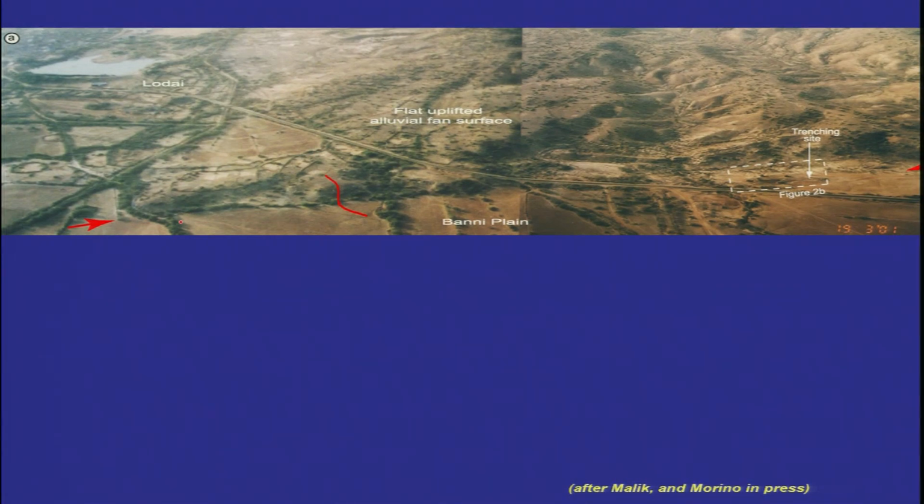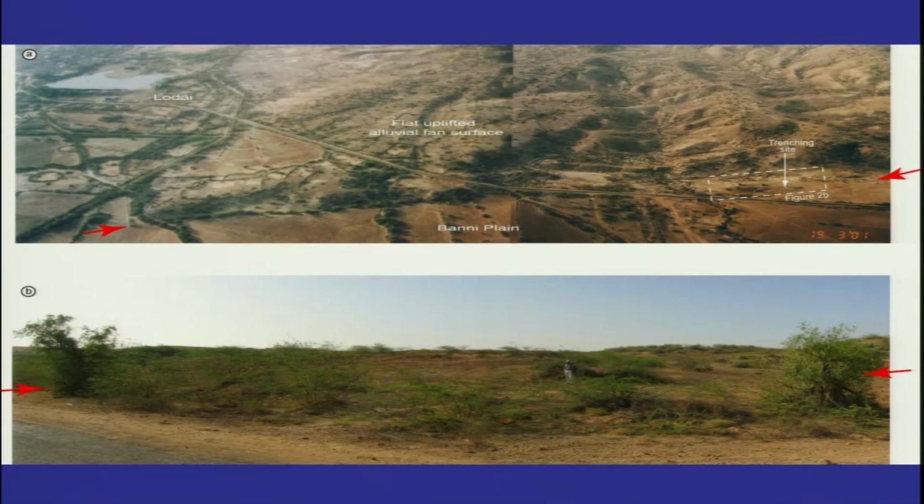This is an aerial photograph which we took after 2001, and this is one of the active faults in the Kutch region. So this is the ground photograph of this part, this is the scarp here. You have a profile very similar to what you would look at in a normal faulting environment.